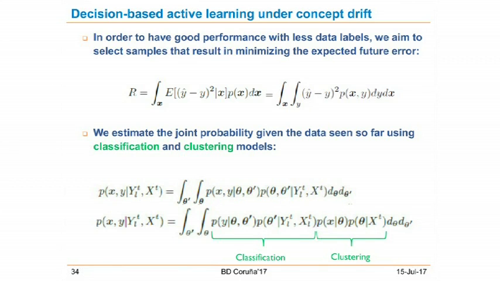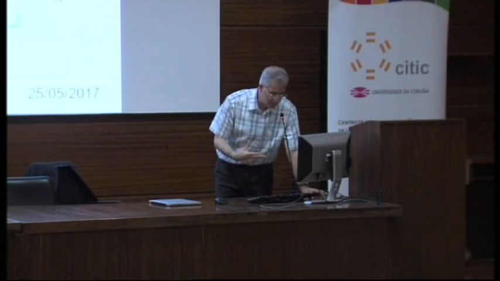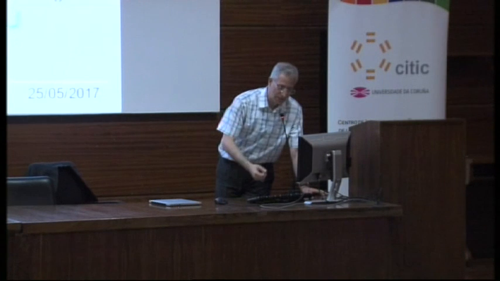Because we are talking about active learning, we have some data points labeled, some others not labeled. Well, you can develop this, and your model at the end of the day will look like a combination of two things, classification and clustering. And that's exactly what we mean by semi-supervised or active learning: you have data that is labeled and you have data that is not labeled.